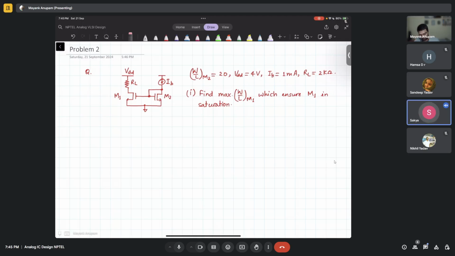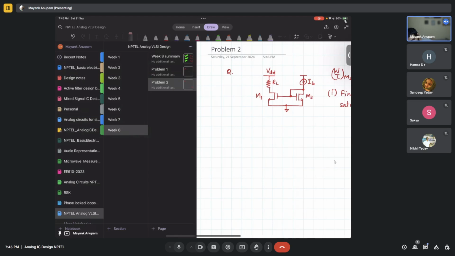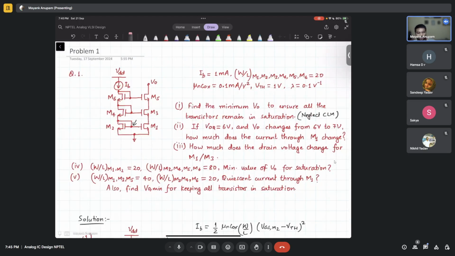Yeah, it was simple. The whole point was to make sure that you understand that something is connected there. I will tell you what the problem is from my personal experience. I was a UG student in my second year when I learnt about current mirrors, and it was always shown in this manner only. So I used to think that nothing is connected here, and I was always confused: how come there is some current flowing here?